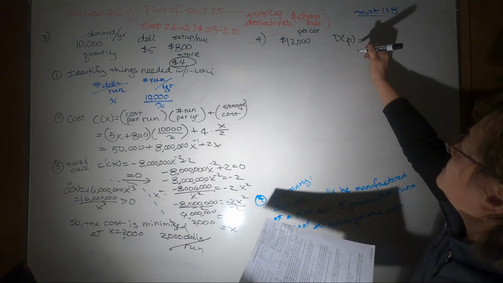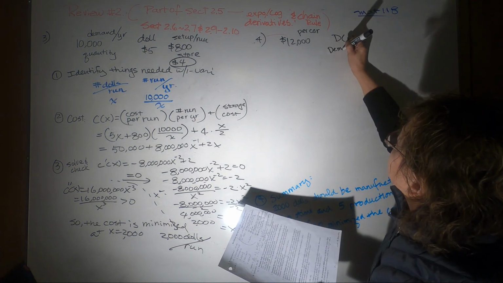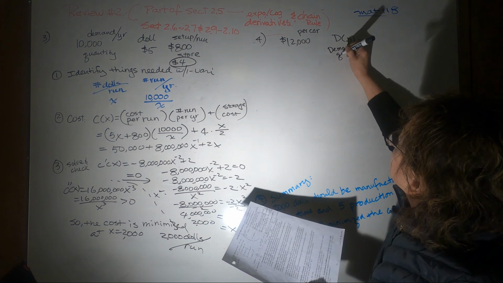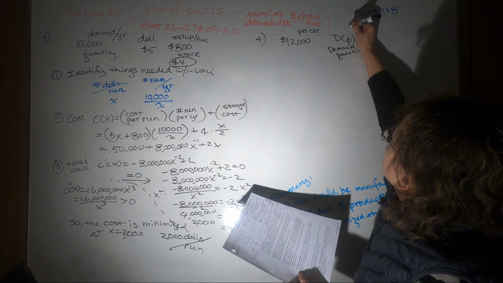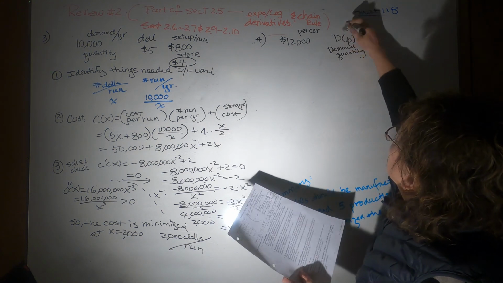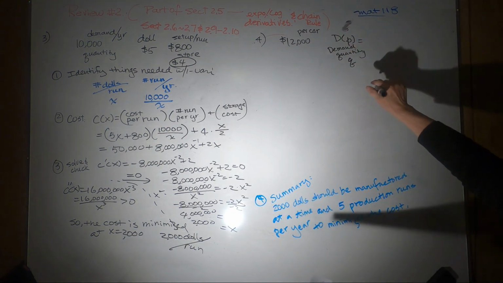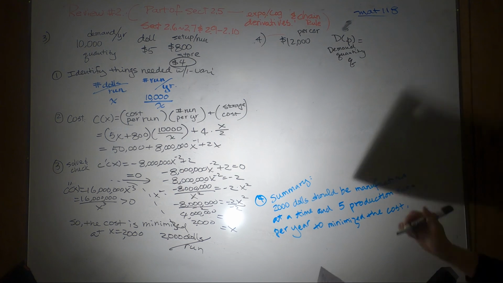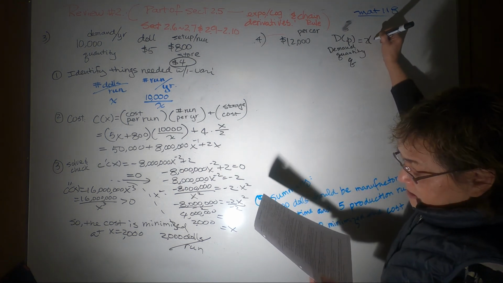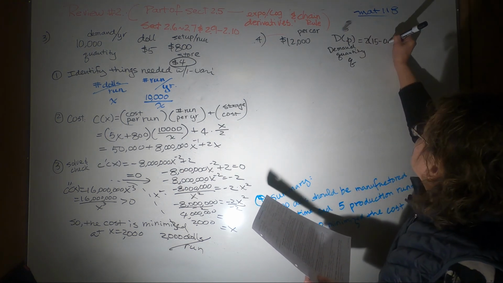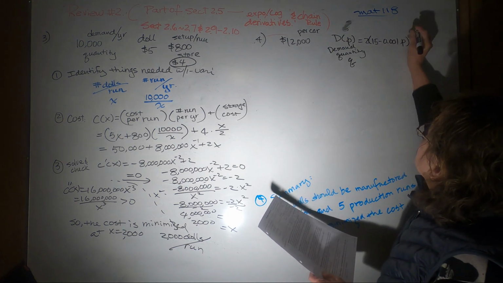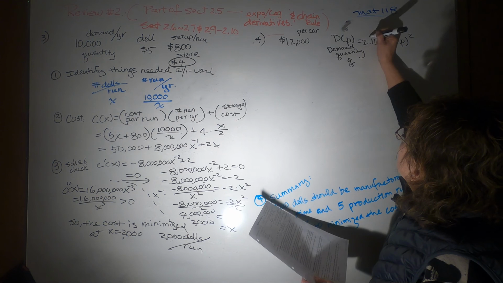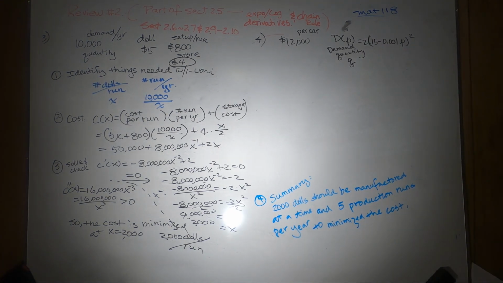So quantity, demand quantity. That's your Q, right? According to the price given. So it's telling you somebody did a study, and that's the demand according to the price. Okay?